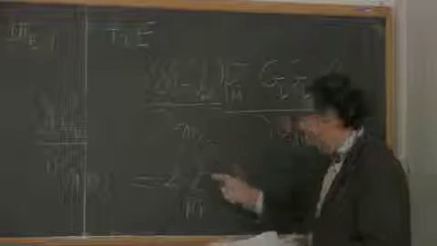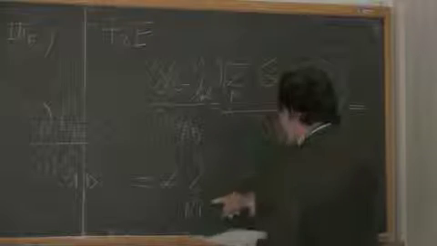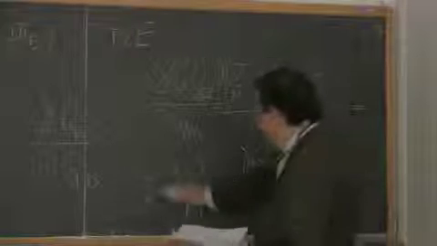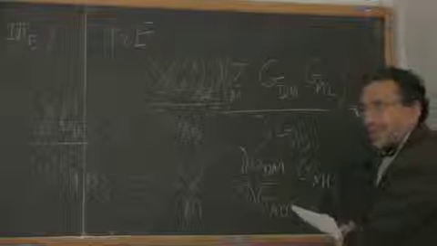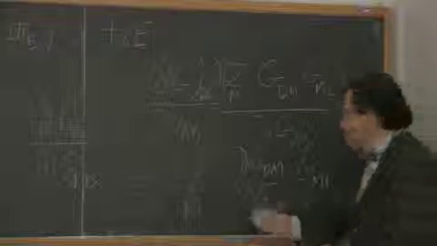So this is after considering the symmetry of these 2 animals. This is equal to 2 sum over M of the derivative of G D M over GAB times G M L, plus the other one on the other side, but this animal is symmetric, so I can place 2 times.